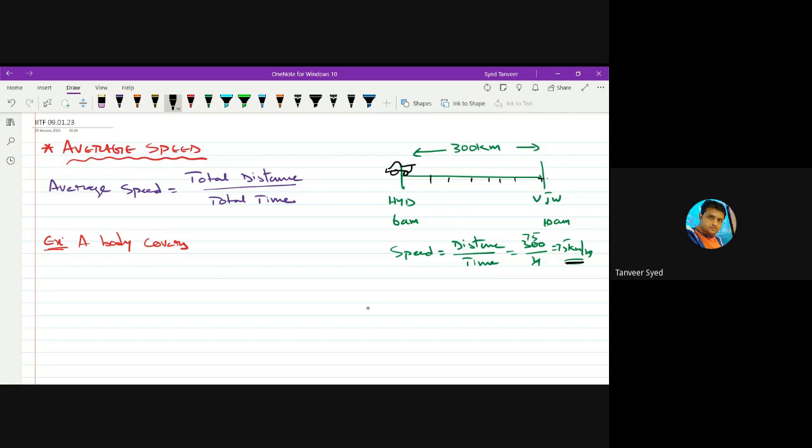This is what this average speed means. But practically, it will not be the situation. You cannot go from Hyderabad to Vijayawada with a fixed speed. Practically, that is not possible.